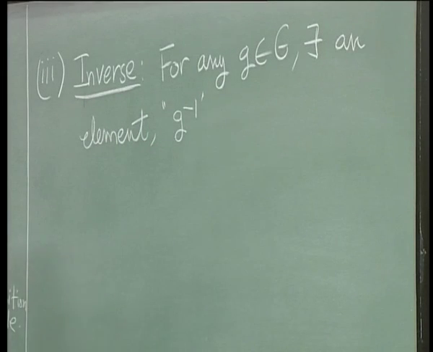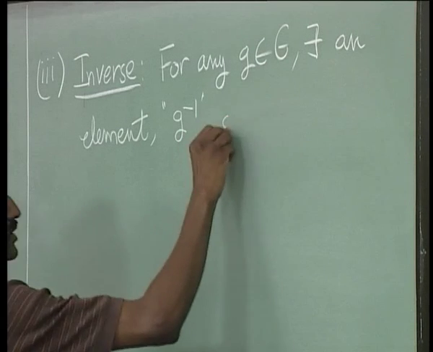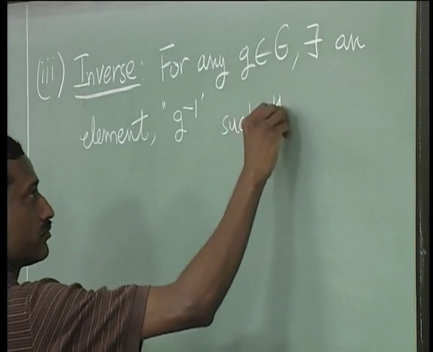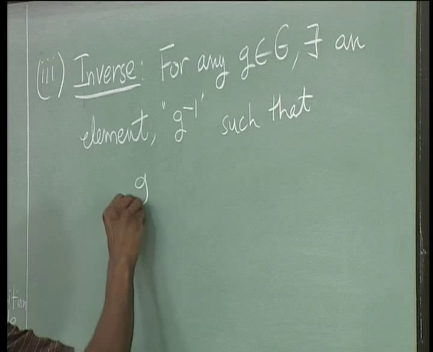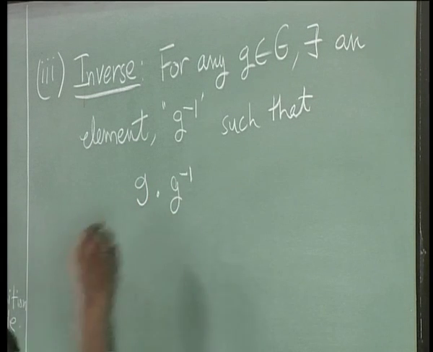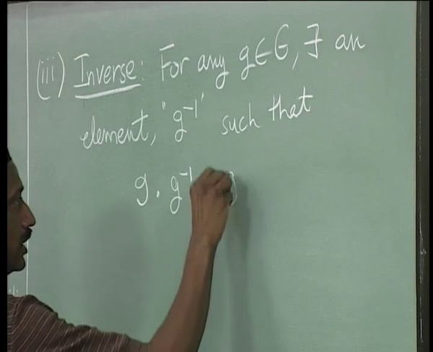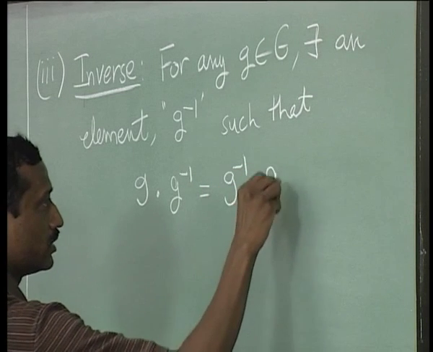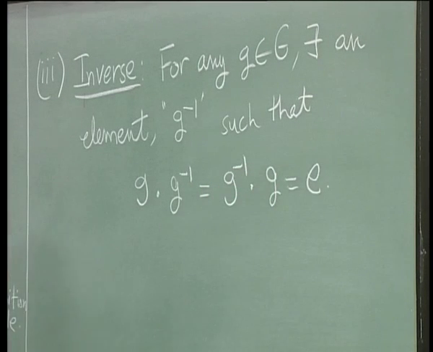There is just a symbol for it, such that the composition rule for G dot G inverse is equal to G inverse dot G equal to identity. Okay. So, I think if you want to be mathematically precise, it suffices to give one of these two conditions, but we will not get into such mathematical details.